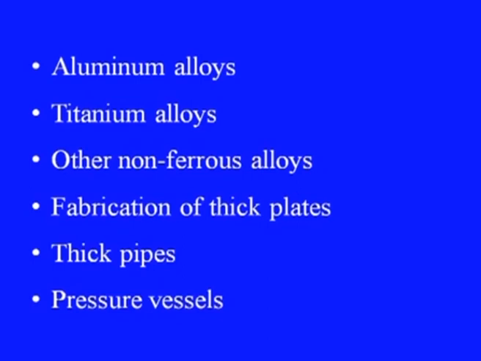For welding aluminum alloys, titanium alloys and other non-ferrous alloys, this method can be suitably used. Then fabrication of thick plates, thick pipes and pressure vessels, also this submerged arc welding is commonly used. Then for welding of railroad tanks, ships, heat exchangers, and overlaying, this method is used.